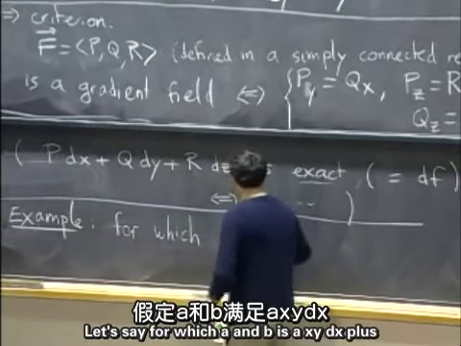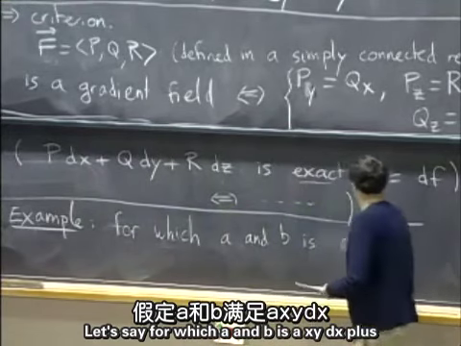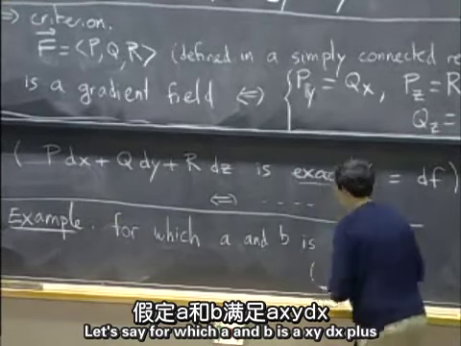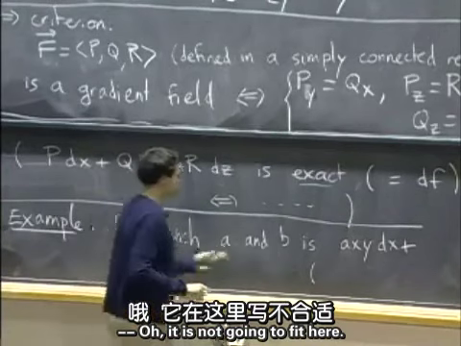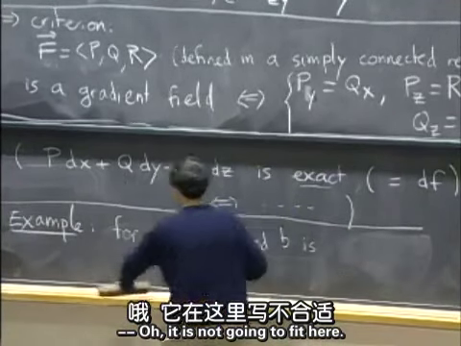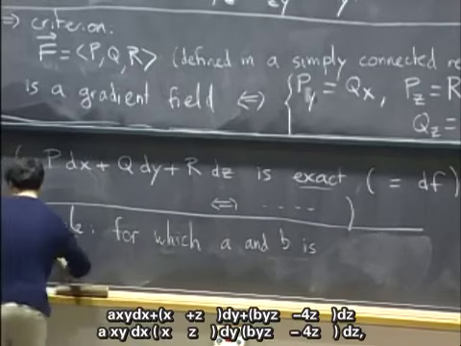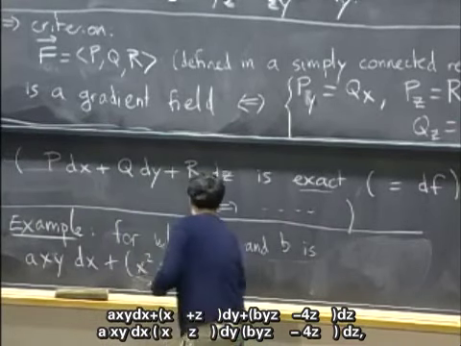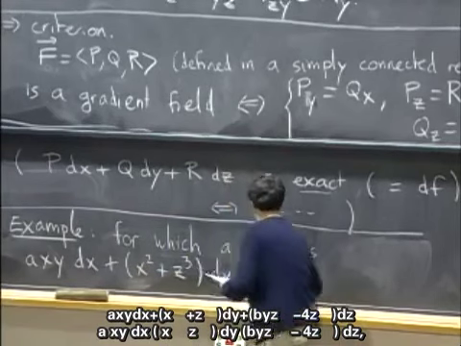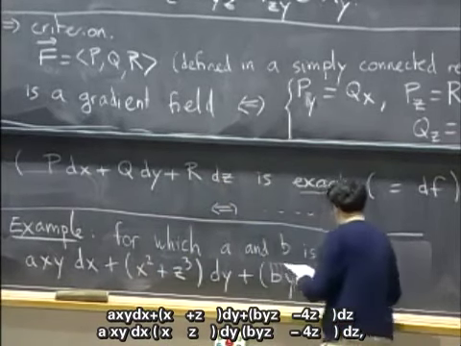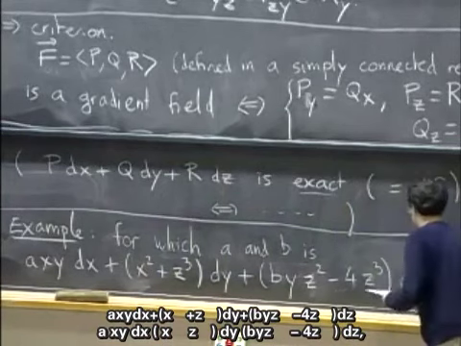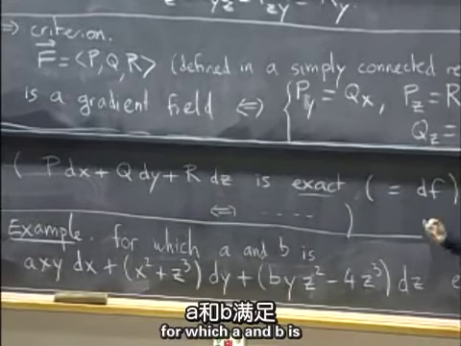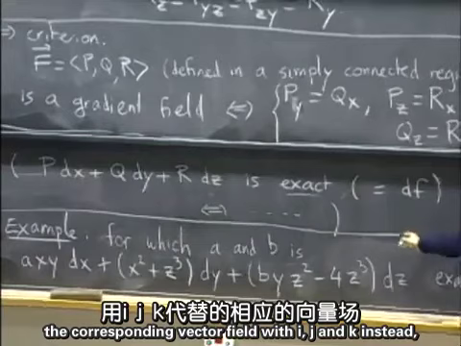Let's say for which a and b is axy dx plus x squared plus z cubed dy plus b y z squared minus 4z cubed dz an exact differential. Or if you don't like exact differentials, for which a and b is the corresponding vector field with i, j, and k instead, a gradient field.